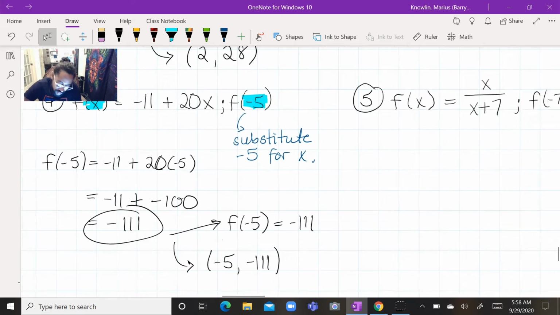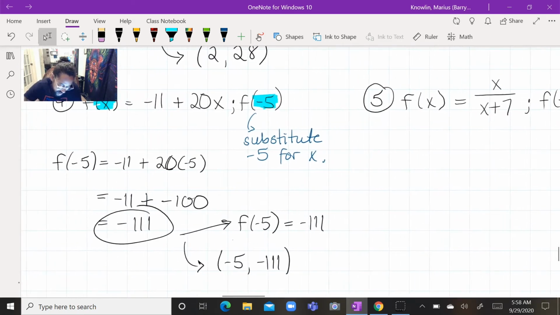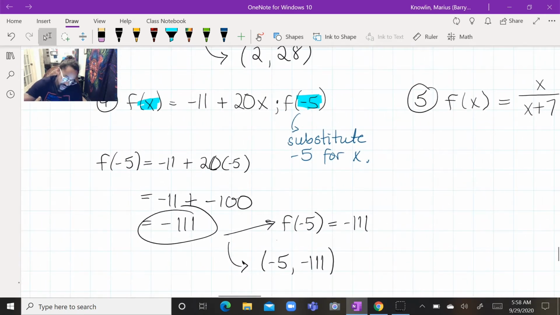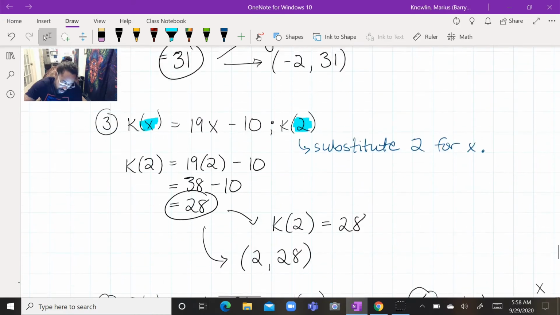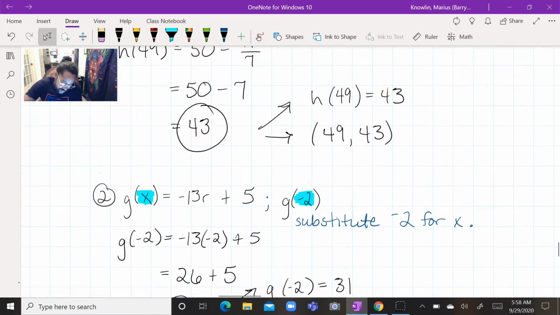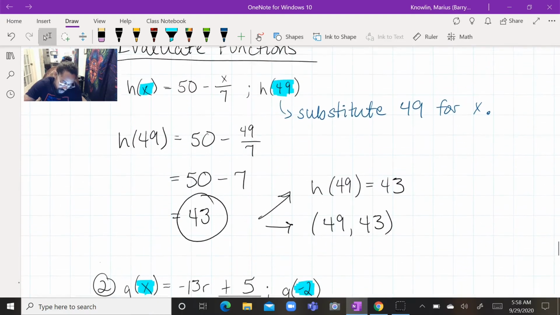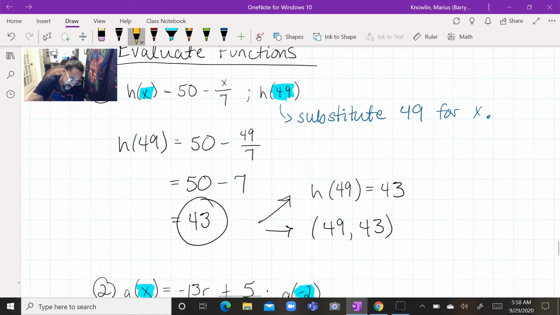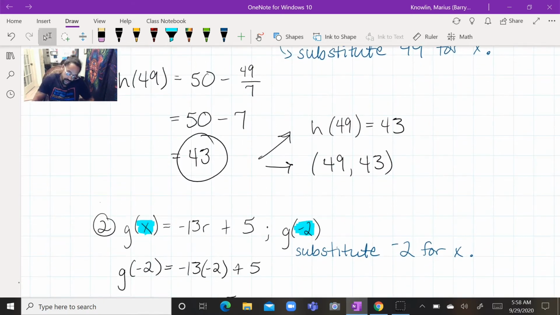Alright, so far all of our answers, we've had an actual answer. So another way to look at all of these, 1 through 4 so far, we could also say that when that 49, because we have an answer here, this could be said to be in the domain.